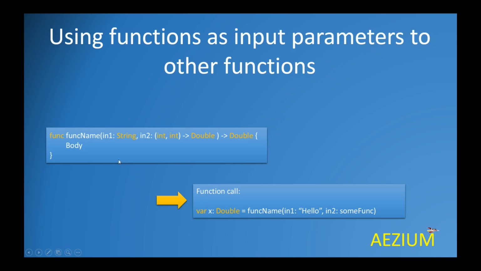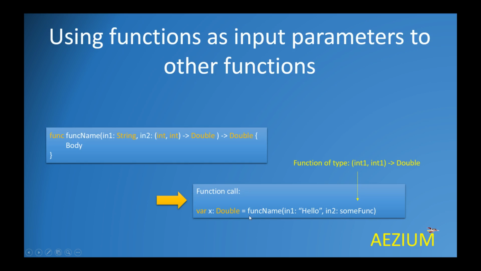When we call this function, we can do it like this, where the first input parameter is a string. So we are passing a string to the function, and the second input parameter that we are passing is called someFunc, whatever that function is, as long as the function type of this is the same as the function type of funcName.